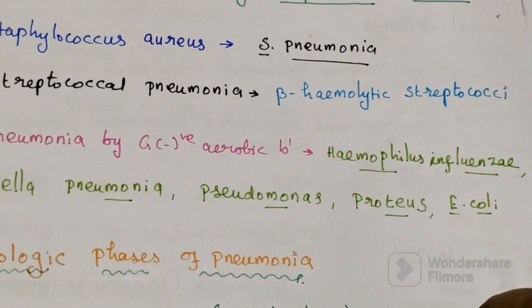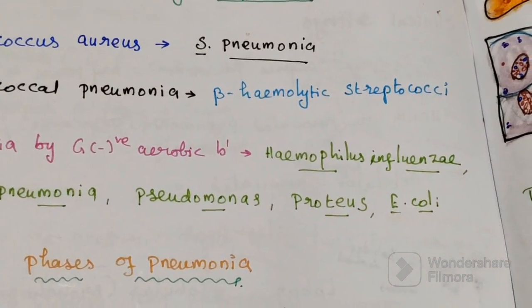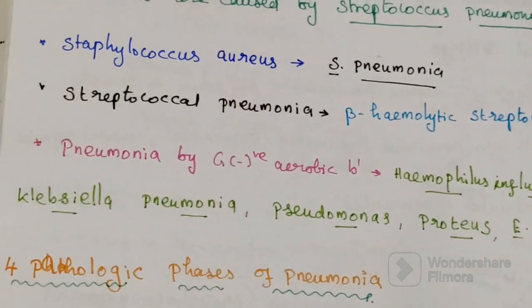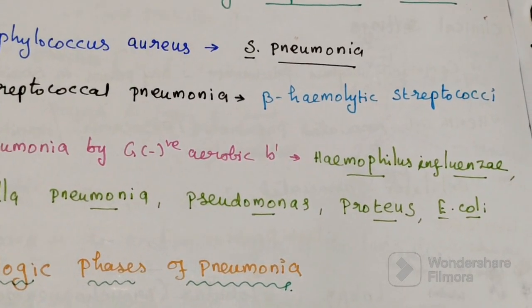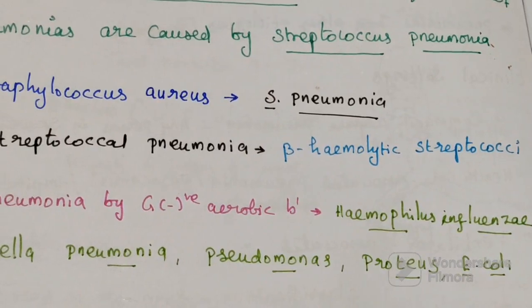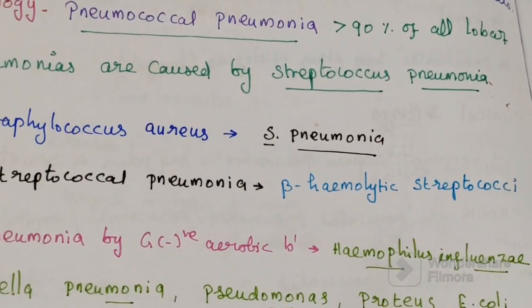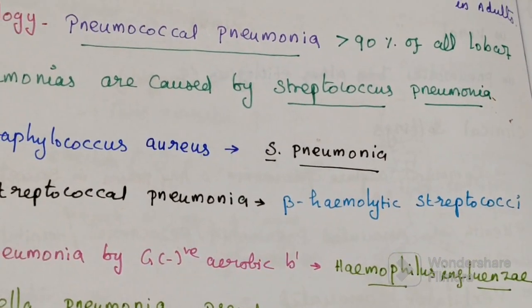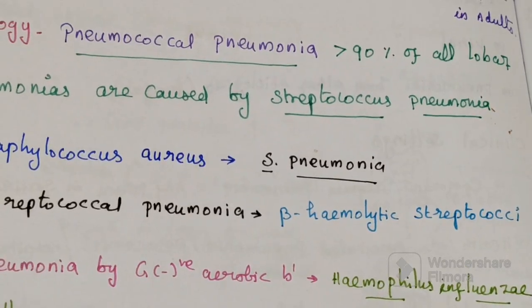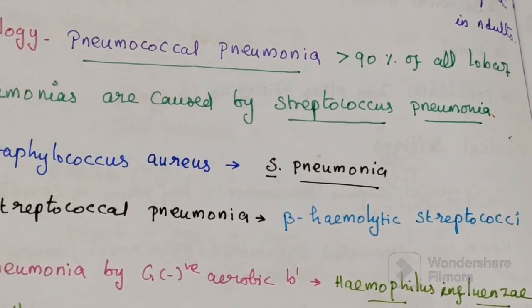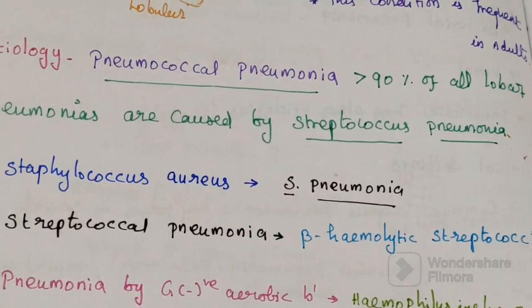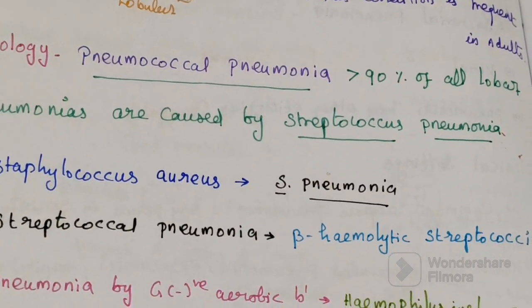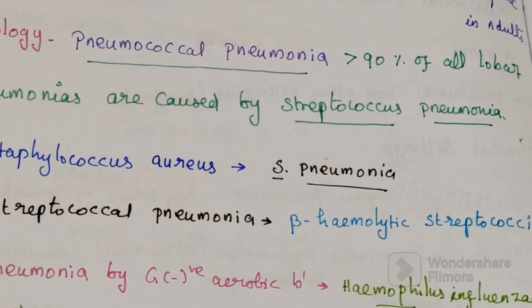Some common gram-negative aerobic bacteria are Haemophilus influenzae, Klebsiella pneumoniae, Pseudomonas, Proteus, and E. coli. But the predominant one, more than 90%, is Streptococcus pneumoniae. Pneumococcal pneumonia is caused by Streptococcus pneumoniae.